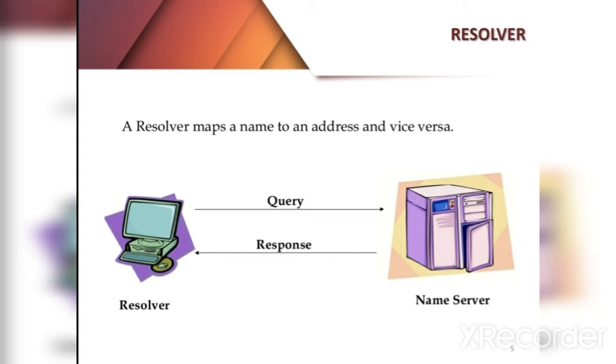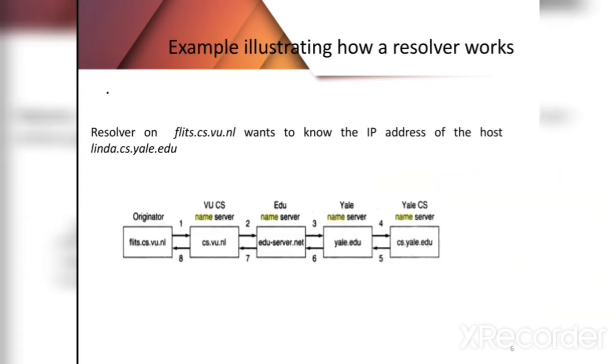So this can be explained with the help of an example. This illustrates how the communication is represented between the different levels of the name server. To get a clear explanation, consider the example. Here's a resolver on the domain flits.cs.vu.nl.